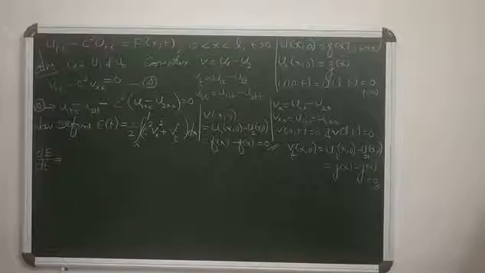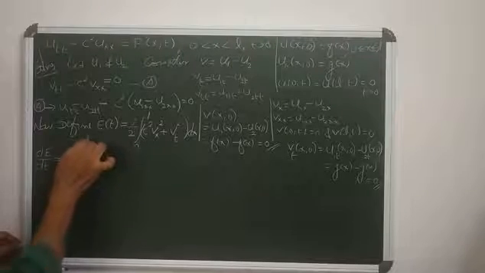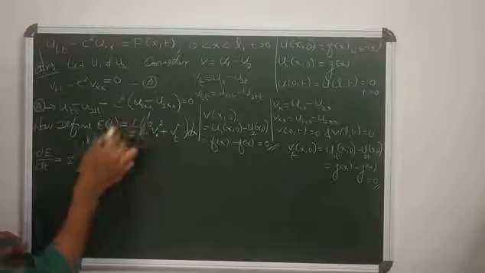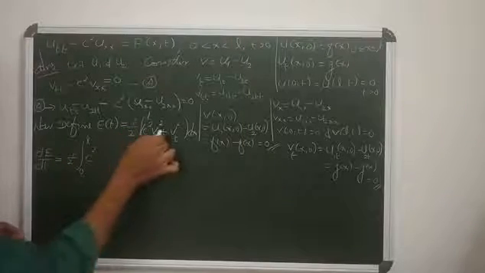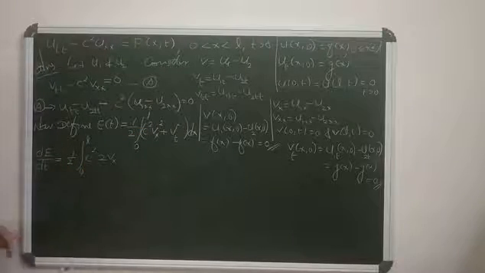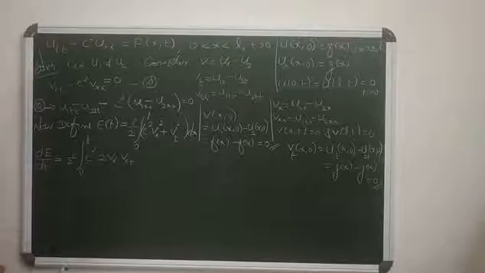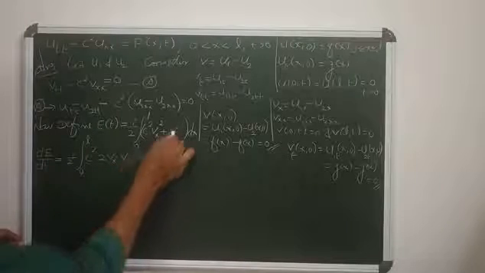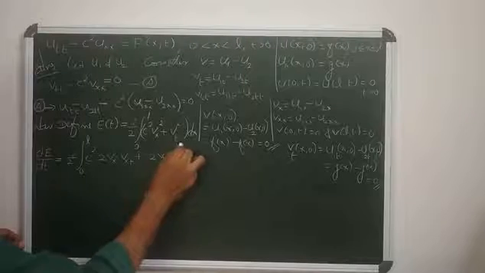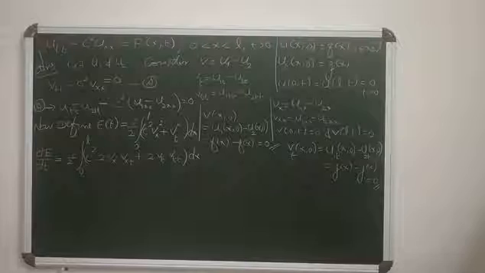Therefore dE/dt equals, differentiating with respect to t, half the integral from 0 to L of c squared times the derivative of v_x squared with respect to t, which is 2 v_x into v_xt, plus the derivative of v_t squared with respect to t, which is 2 v_t into v_tt, dx. So E(t) is defined this way.